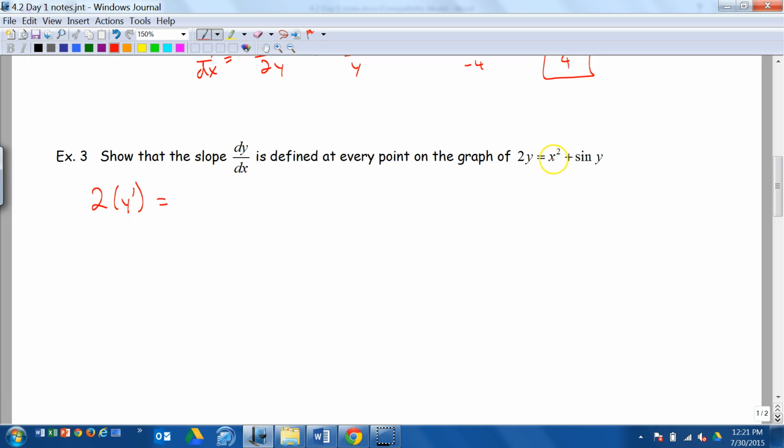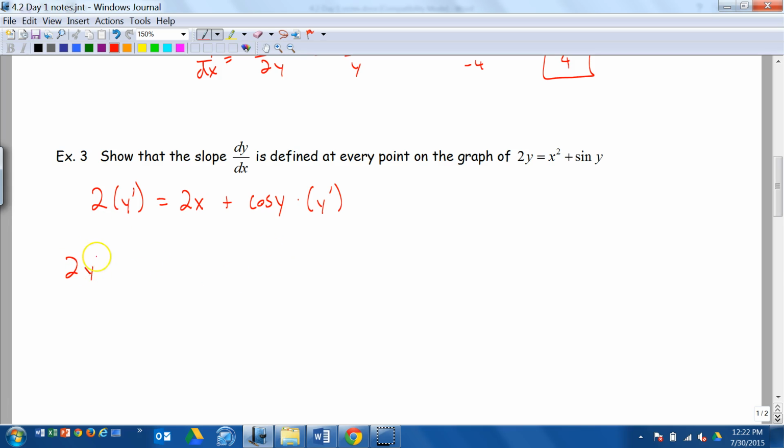Equals x squared just becomes 2x. Don't have to do any derivative with that because it's with respect to x, plus the derivative of sine is cosine of y. Again, since we took the derivative of y, we have to multiply by the derivative of y, which is y prime. Now, remember, when you have two y primes, you need to get them together. So I'm going to move the cosine y prime over.